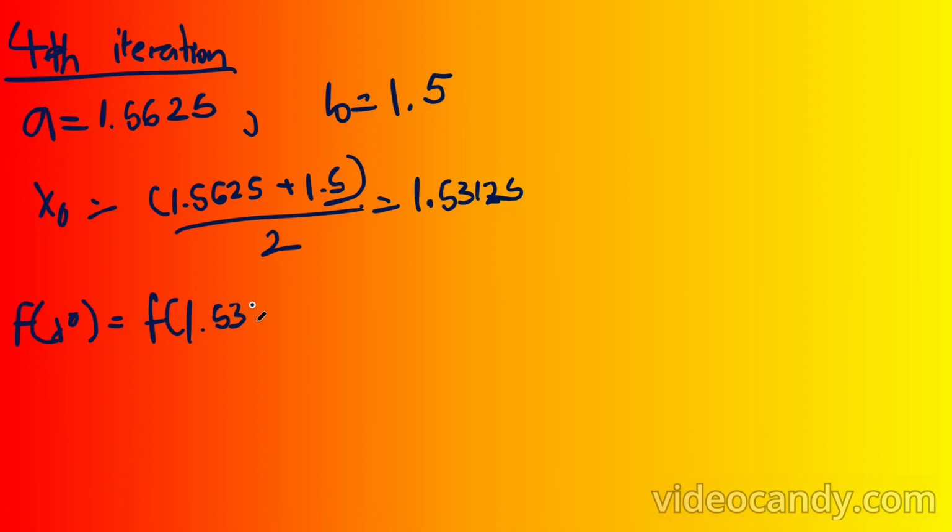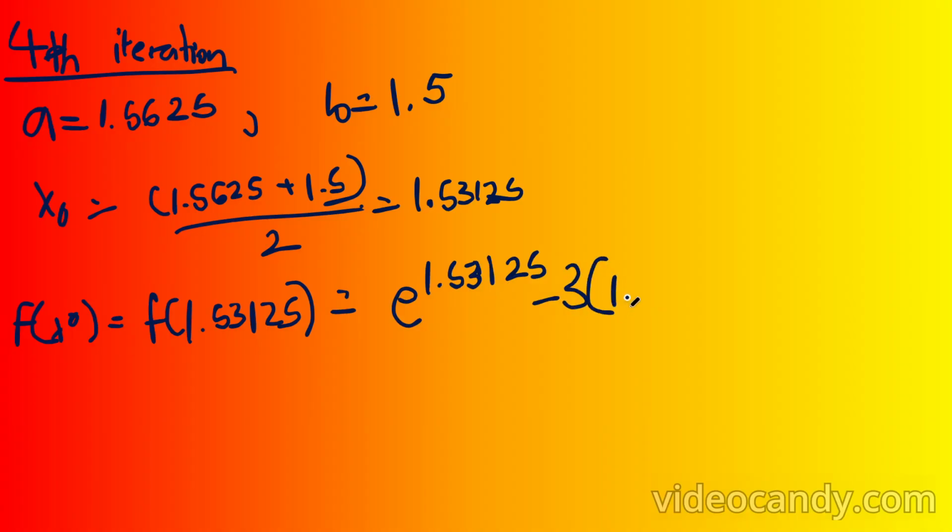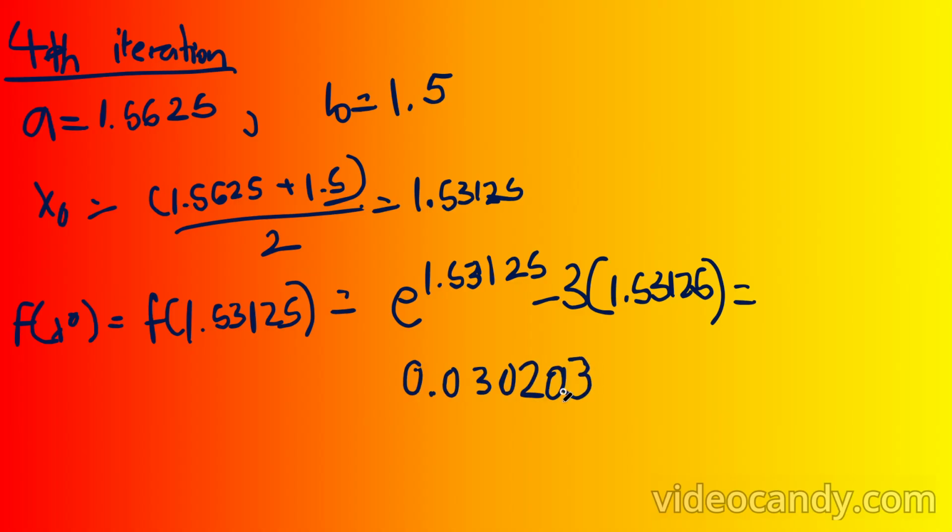So f(1.53125) equals e^1.53125 minus 3 times 1.53125. The answer is 0.03020.